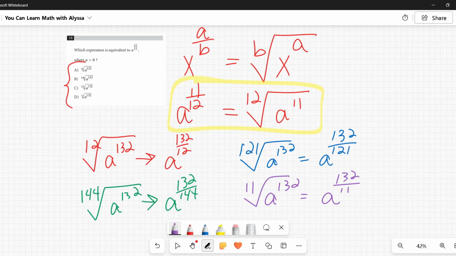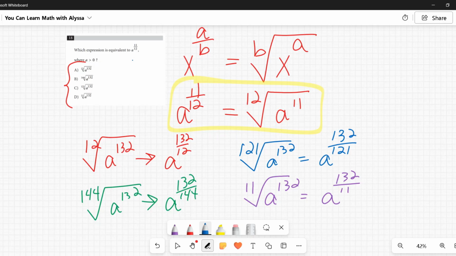And a little side note here: if you were doing this problem and you jumped straight to here and went, wait a minute, all these numbers are really different from a to the power of 11/12, even if I do this, it's not going to end up the same, that's great. If you didn't realize that, do not beat yourself up about it, honestly.